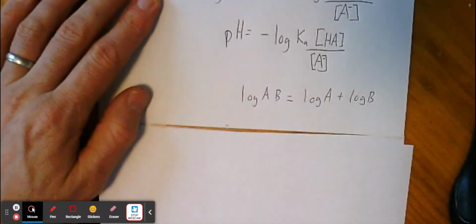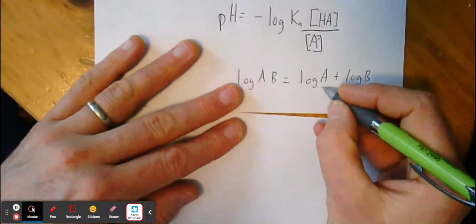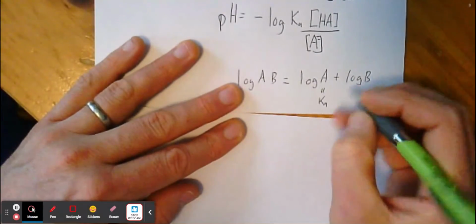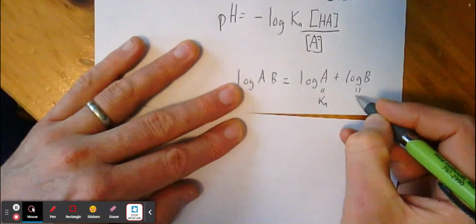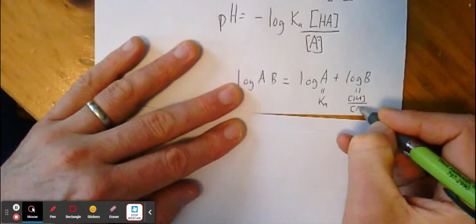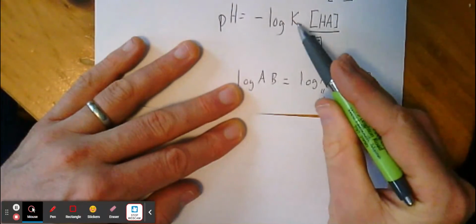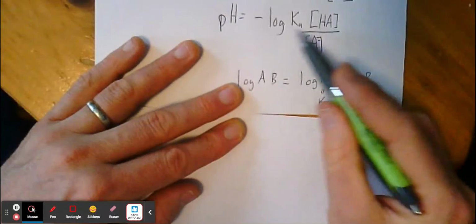So, if I make this piece equal to B, which is Ka, and this piece equal to A, I can separate this into this.